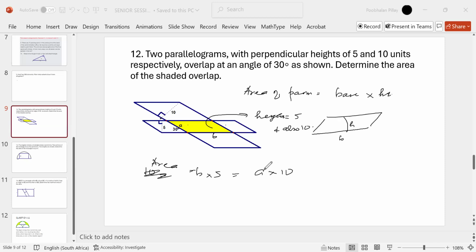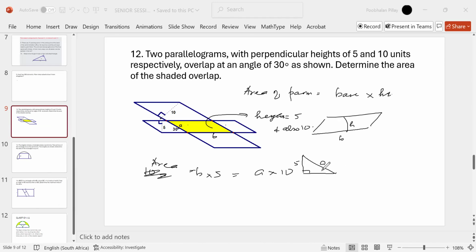But we don't know either B or A. The fact that we have this angle of 30 degrees allows you to actually calculate A. See? You've got A here like this, and that distance is at 90 degrees.